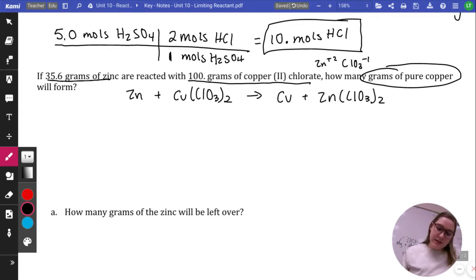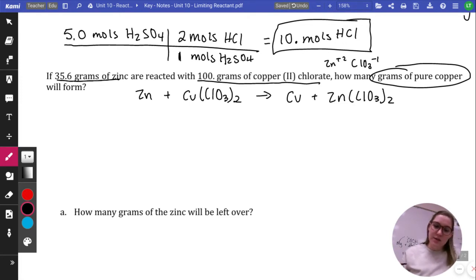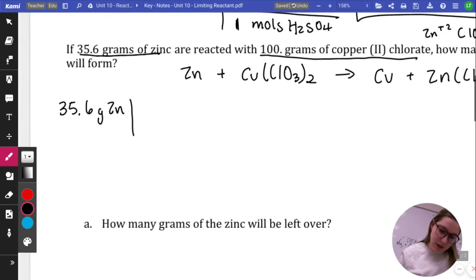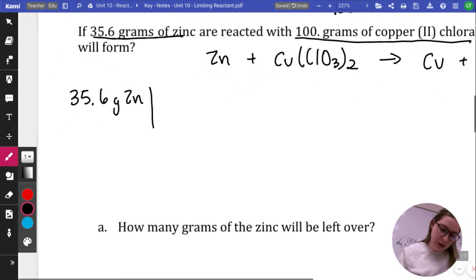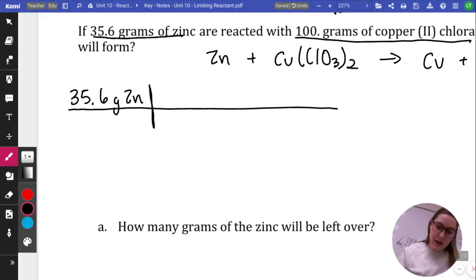All right, so let's take our 2 givens. I'm going to start with zinc as my first given. So 35.6 grams of zinc. I'm going to zoom in a little bit. And I want to get to copper here. So step 1, convert to moles. I'm in grams of zinc. Grams of zinc is not what I want, so I'm going to drop it low.